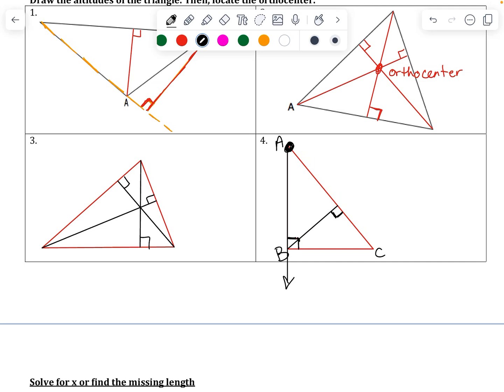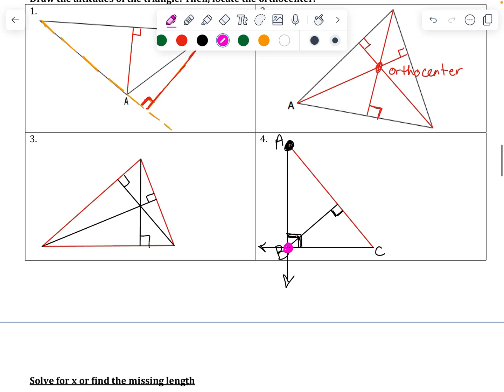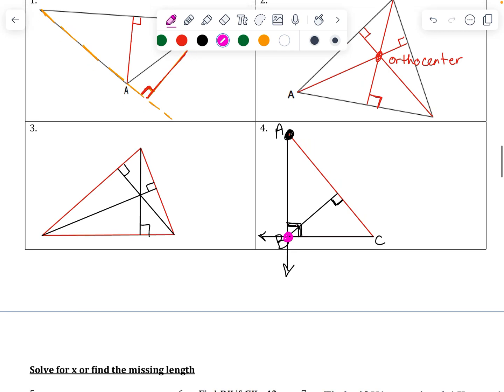There's 90. And we have the same problem with C to B, where the only 90 is right there. So our orthocenter ends up being right at the corner at B, which is kind of strange. But what's very important for you to know, what I really want you to get out of this, is drawing in your 90-degree angles.